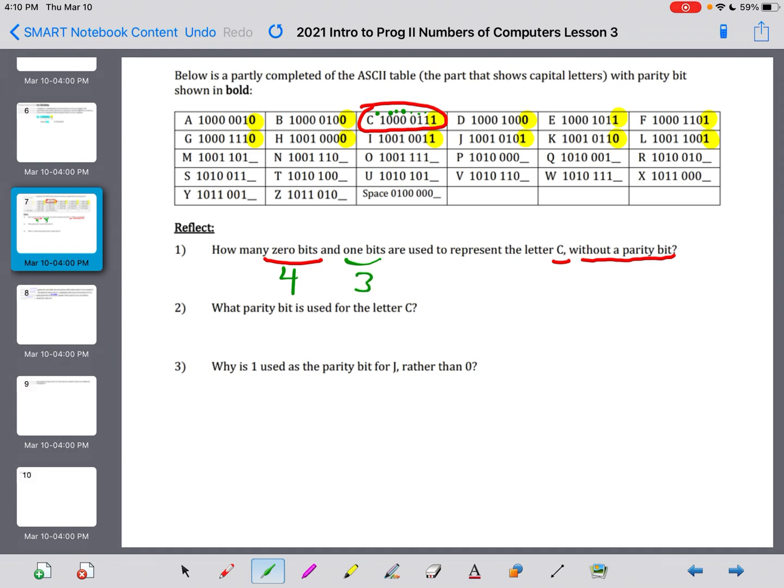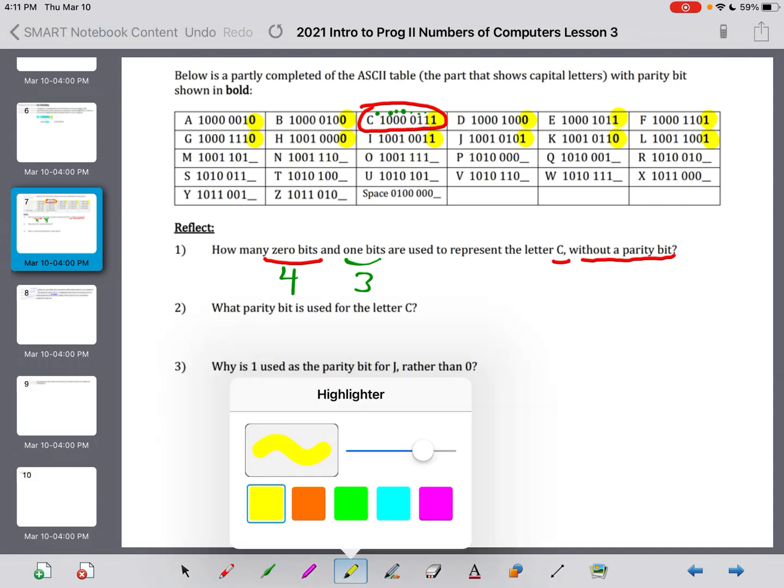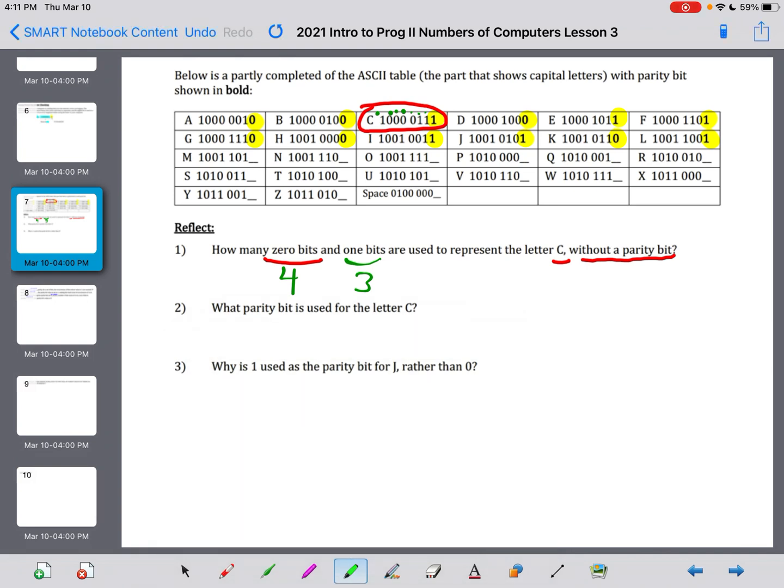Okay, and there's my 7 that we have talked about earlier to represent the ASCII character C, capital C. Okay, what was the parity bit that was used? Well, the parity bit is this guy right there. So we used 1 for the parity bit.